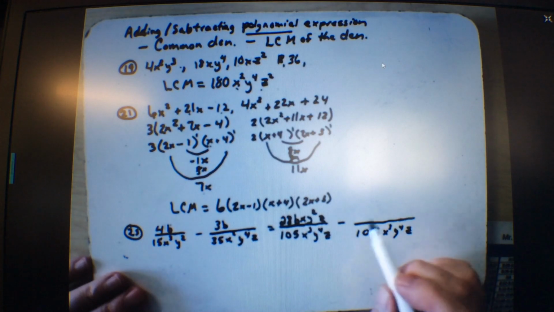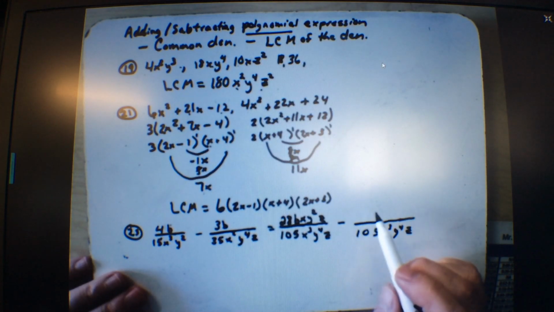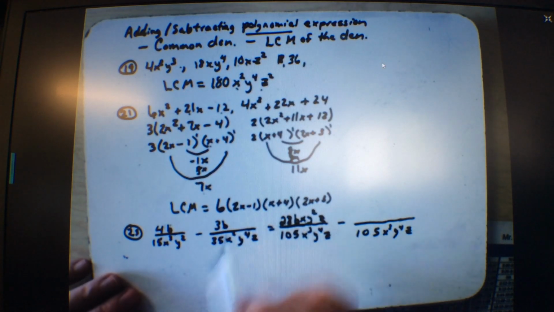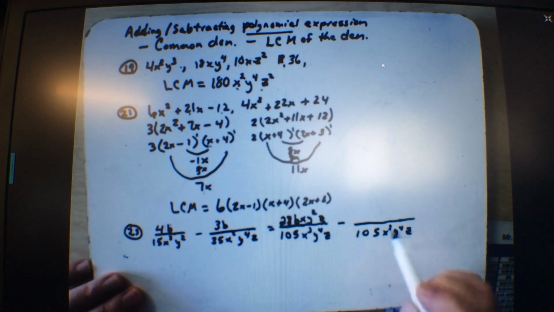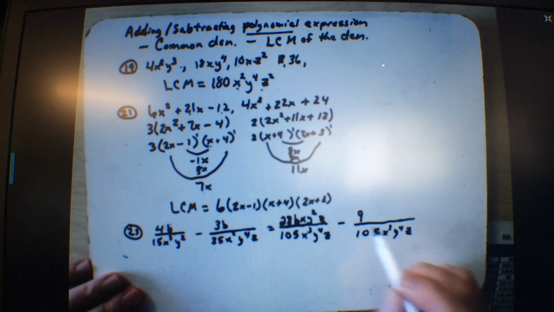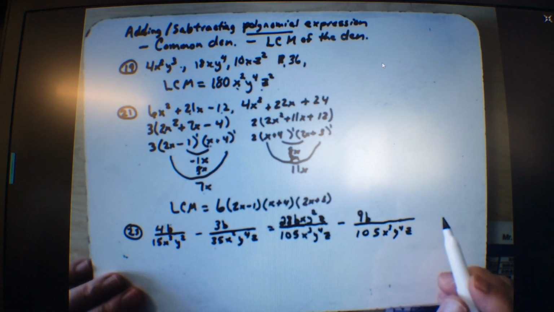All right, try to do the 3b. What do I multiply the 3b by? Not 7, it'd be 3, right? Because 35 times 3 is 105. So I get 9? Yeah. The b stays, right?